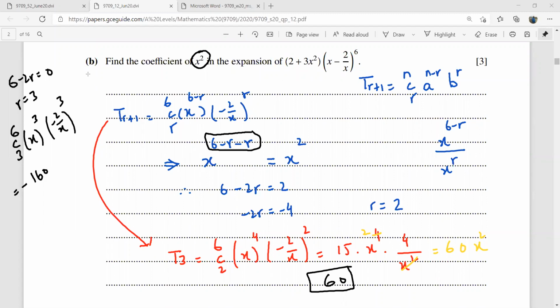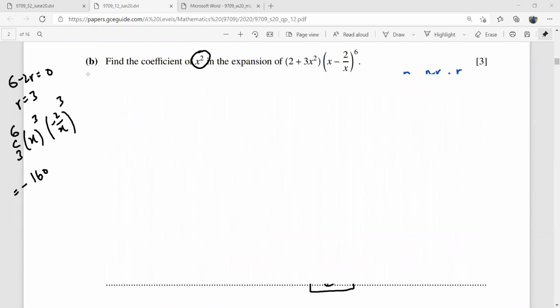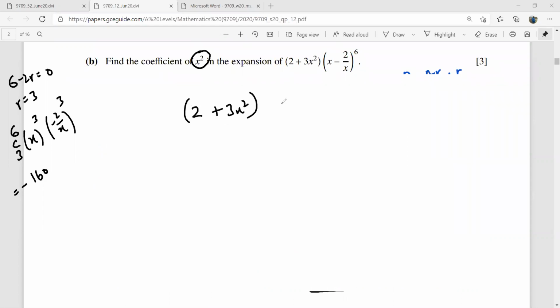Okay. So let's solve this question then. So this is going to be (2 plus 3x squared) times (minus 160 plus 60x squared). You see, I don't need to expand this completely. I only need the terms in x squared.